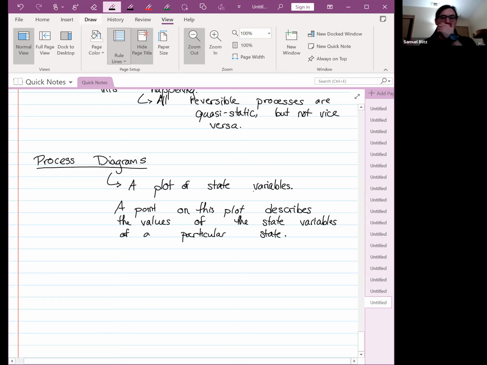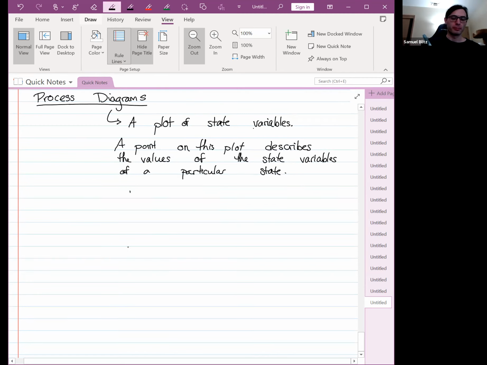Which is just to say we can represent a state as a point in one of these plots. Perhaps in more dimensions too, if you can plot these things in 3 or 4 dimensions, then you'd be good, but it's a little bit harder to do that than just 2 dimensions.